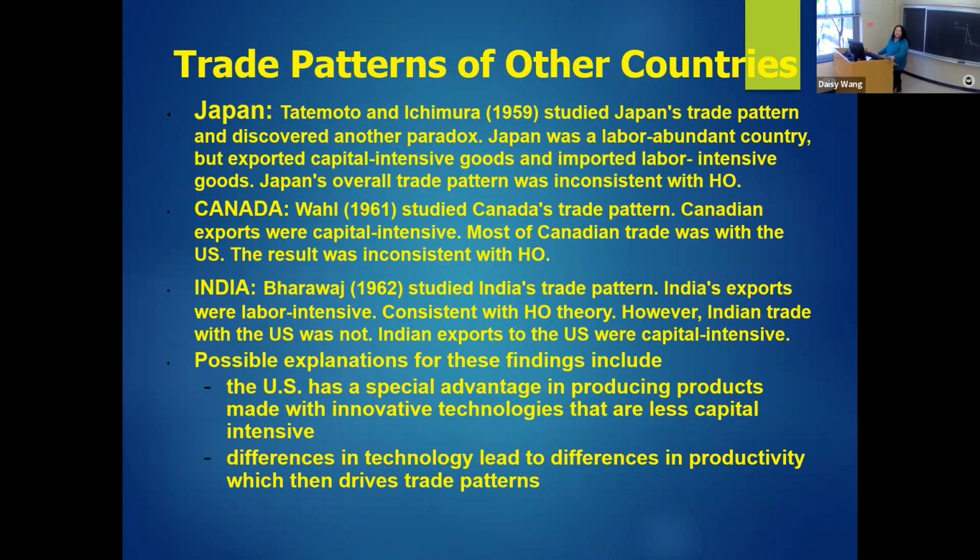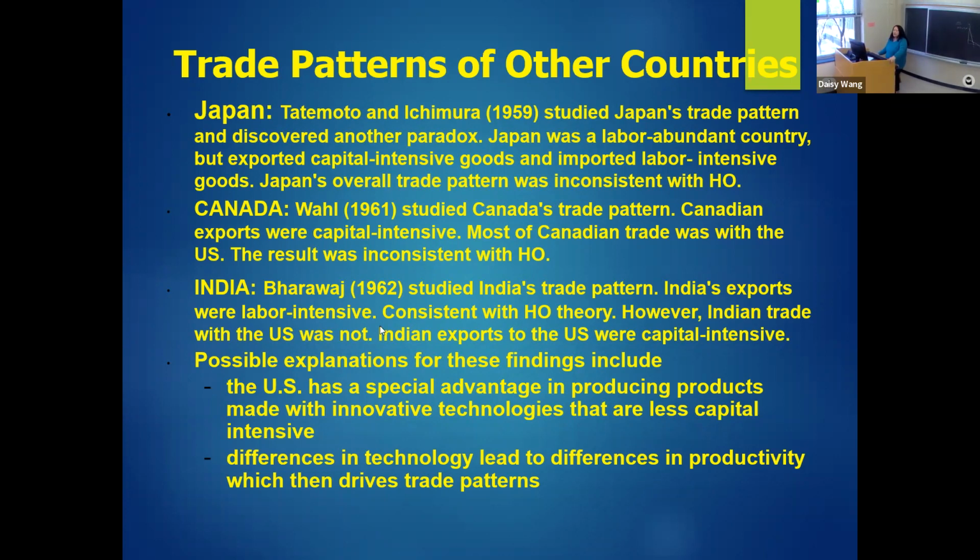Okay, so it's inconsistent with the HO theory. Canada, on the other hand, exports a lot of capital-intensive product, because I think a lot of US companies invest in Canada, and they make a capital-intensive product and then sell it to the US. So that's one of the reasons.